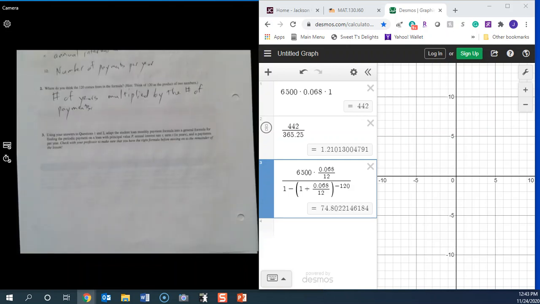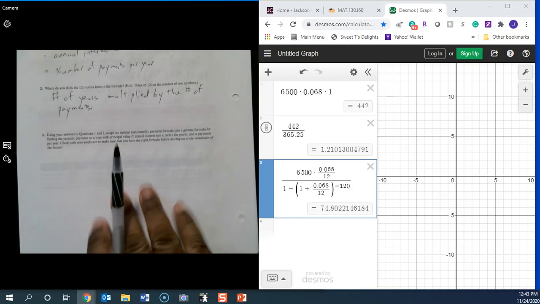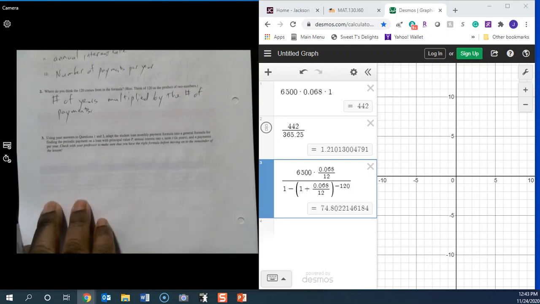Okay, number 3. It says, using your answers to questions 1 and 2, adapt the student loan monthly payment formula into a general formula for finding the periodic payment on a loan with principal value P, annual interest rate R, term T in years, and N payments per year. Now, first of all, let's go back up here to this formula.